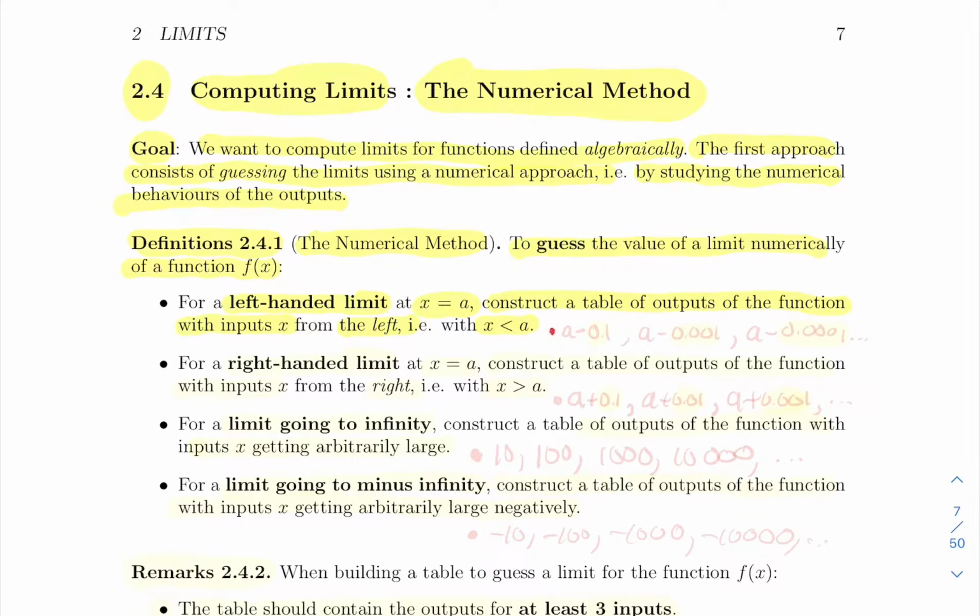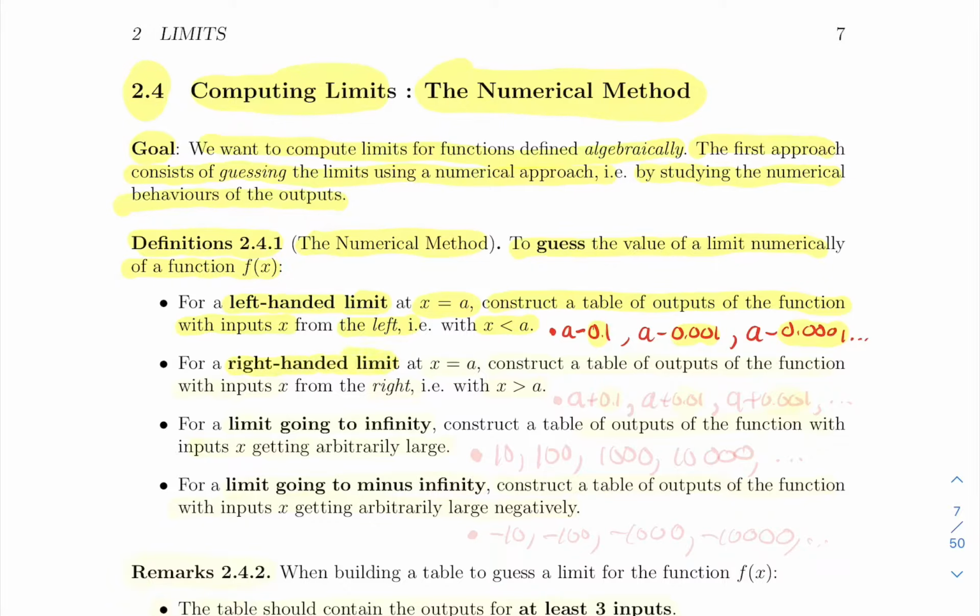So typically, and you'll see this in my tables, I'll be using a minus 0.1 and then a minus 0.01, a minus 0.001, a minus 0.0001. And of course you can continue. By subtracting these small numbers from the input a, of course, you're going to get inputs that are strictly less than a.